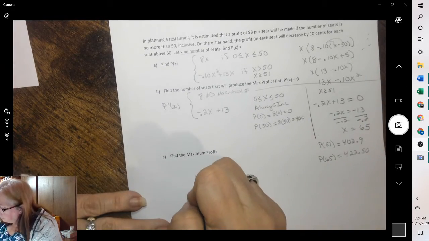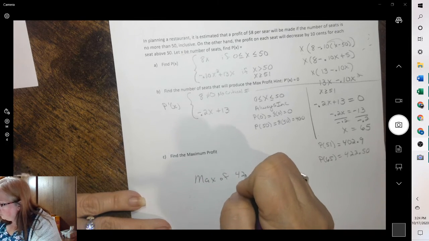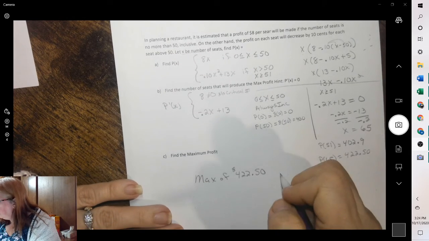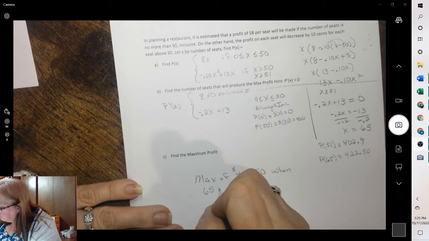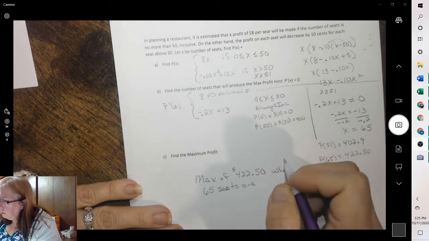We have a maximum of $422.50 maximum profit when 65 seats are filled.